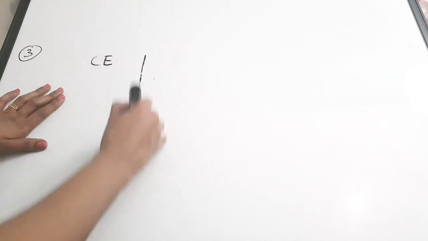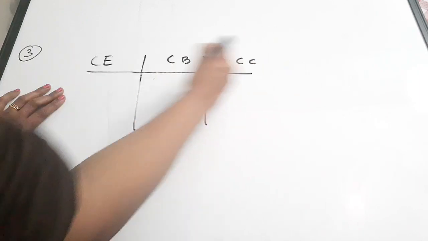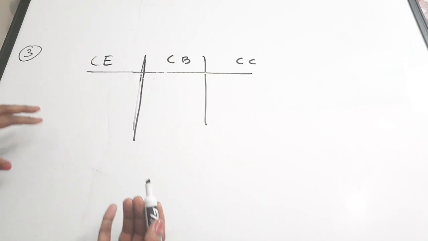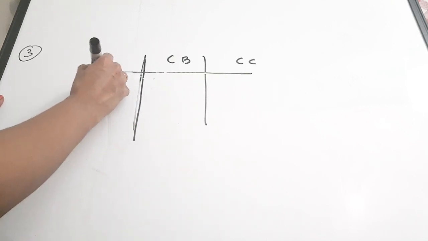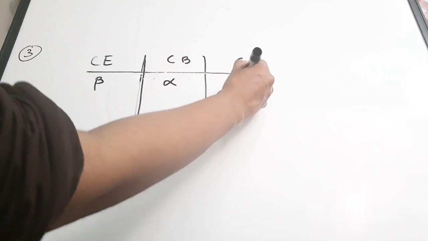You should know the relation between the three current gains. There are three configurations of transistors: common emitter, common base, and common collector. For common emitter, the current amplification factor or current gain is given by beta. For common base, it is alpha, and for common collector, it is gamma.